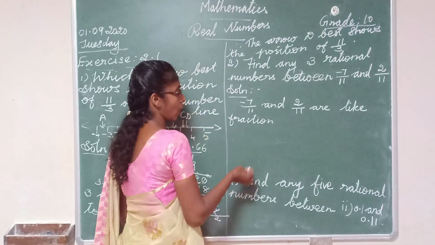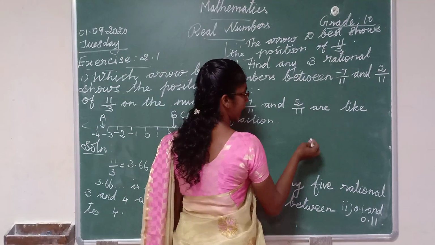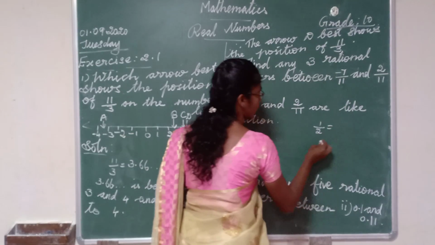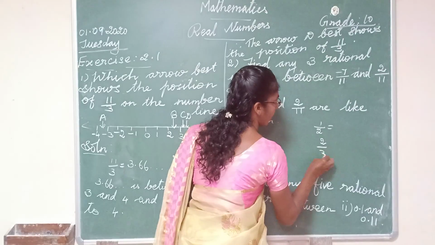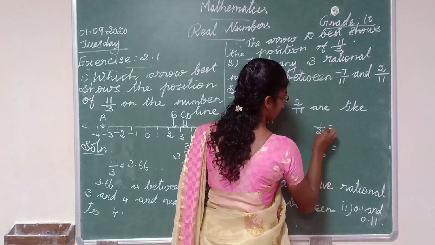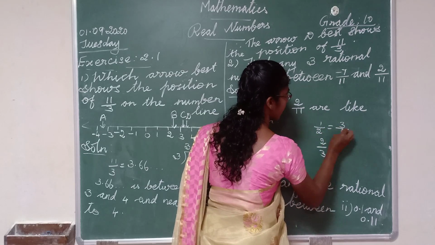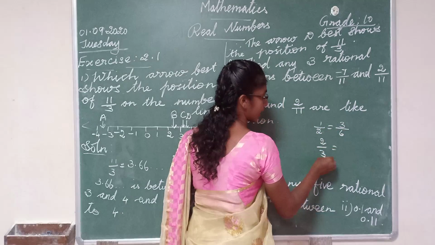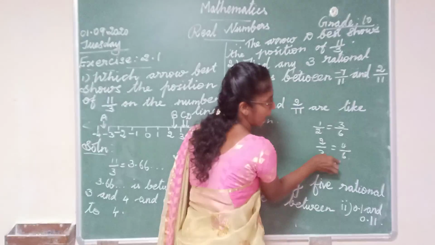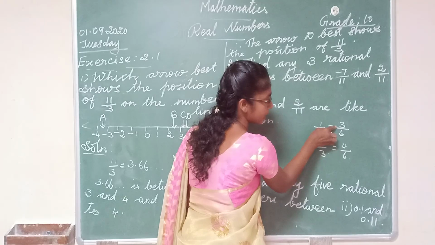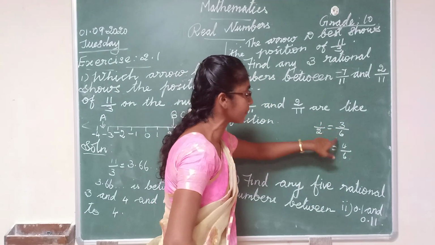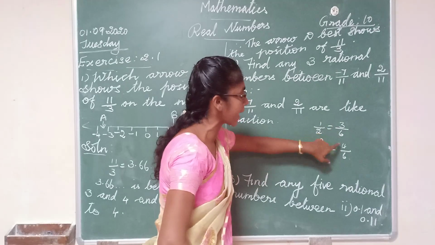In the last class, method 4, I taught: 1/2 is equal to 3/6, and 2/3 is equal to 4/6. These two are also like fractions, but there are no integers between 3 and 4.